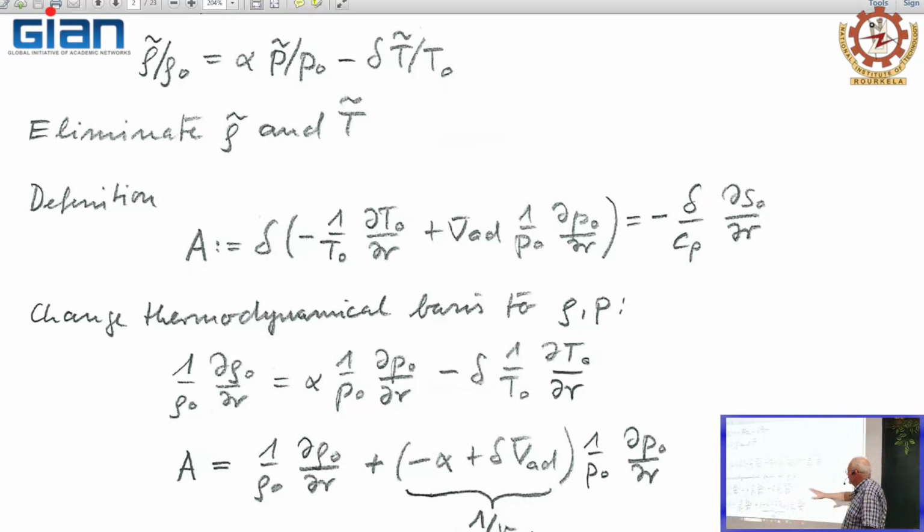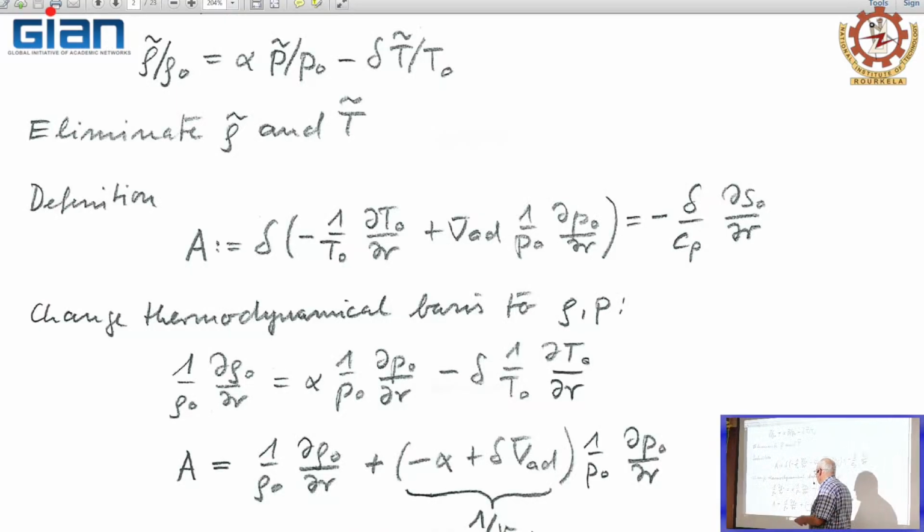If we do that and insert this for the temperature gradient, that means we replace the temperature gradient by pressure gradients and density gradients and sum up all these terms, then we end up with an expression for the quantity A, which contains the relative density gradient and the relative pressure gradient and a coefficient which goes with minus alpha plus delta times nabla adiabatic.